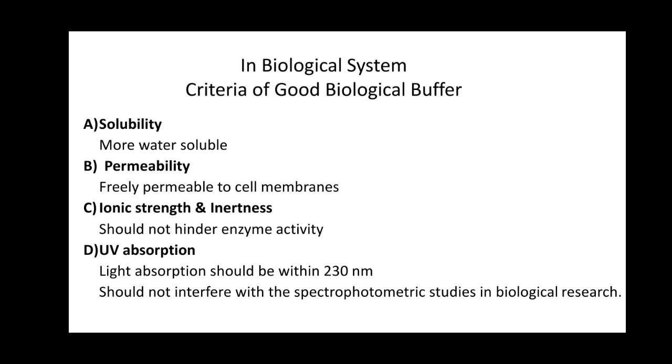In a biological system, the criteria of a good biological buffer are that it should have the following qualities: solubility, it should be soluble in water; permeability, it should be freely permeable to the cell membrane; ionic strength and inertness, it should not hinder enzyme activity; and UV absorption, light absorption should be within 230 nanometers and it should not interfere with spectrophotometric studies in biological research.